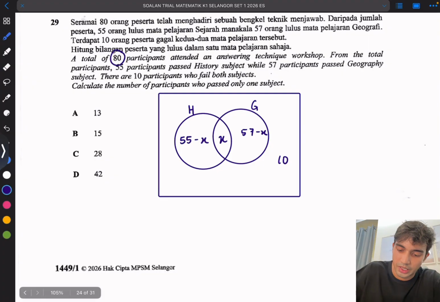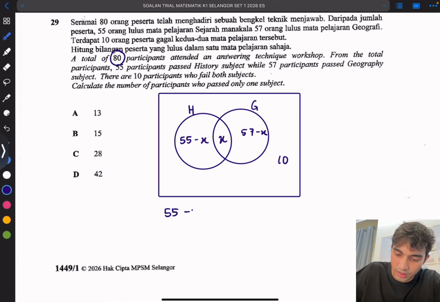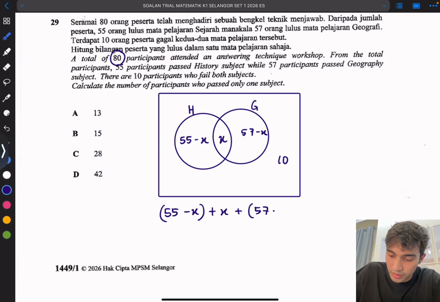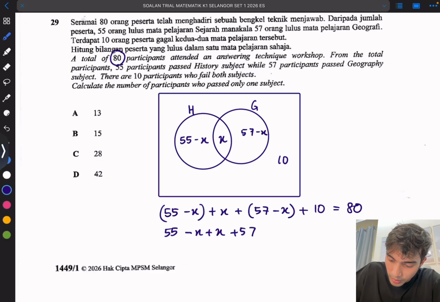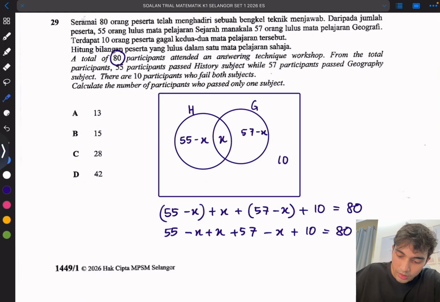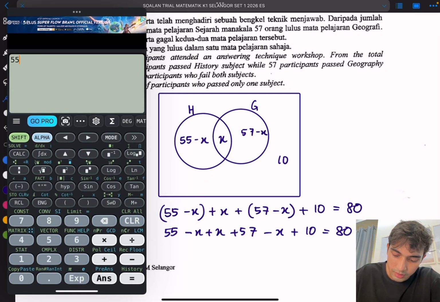Okay. So we can say 55 minus X plus 57 minus X plus 10, all together got 80 people. Then we can find the value of X. So 55 minus X plus 57 minus X plus 10 is 80. 55 plus 57 plus 10 is 122.